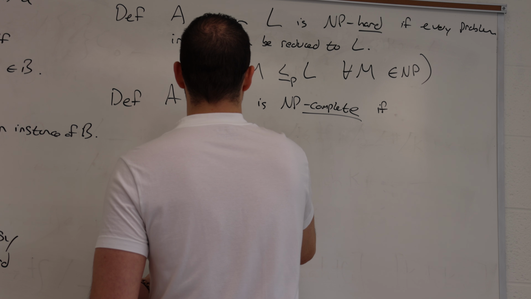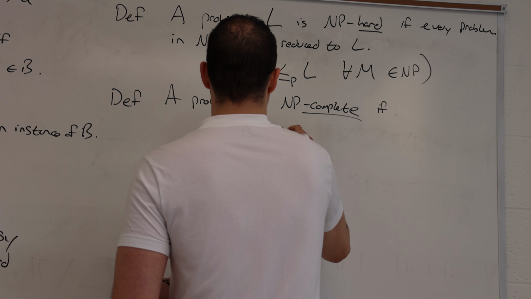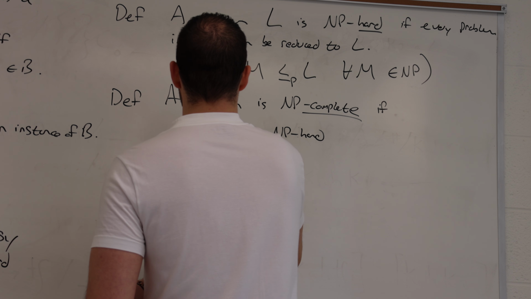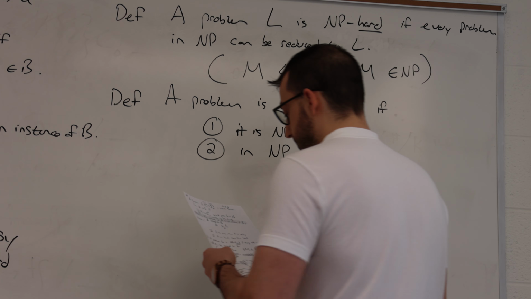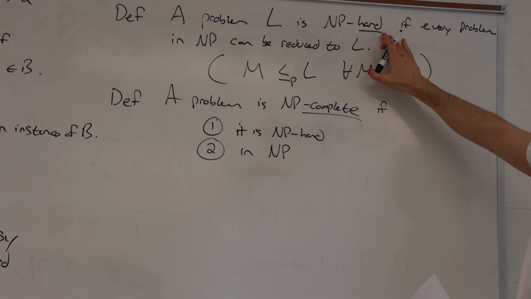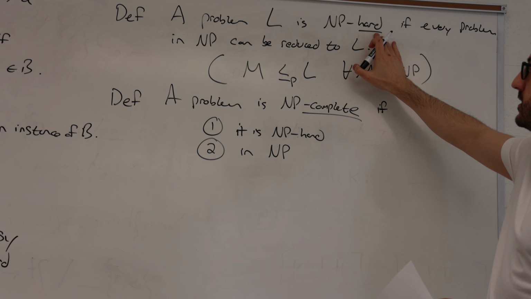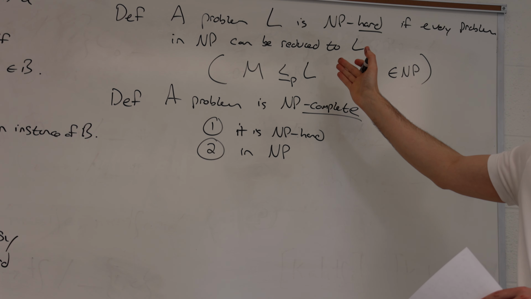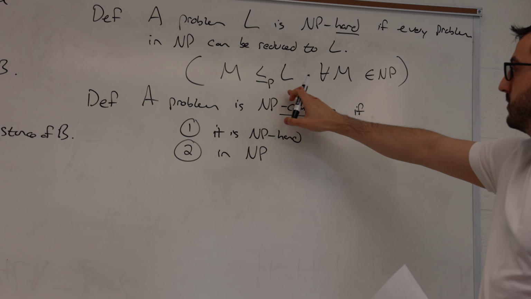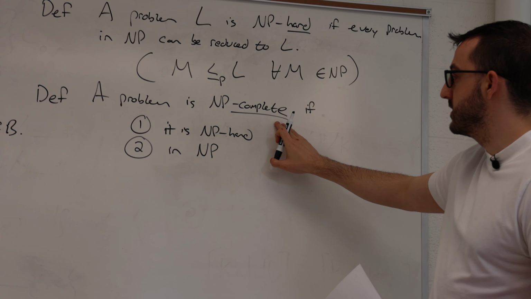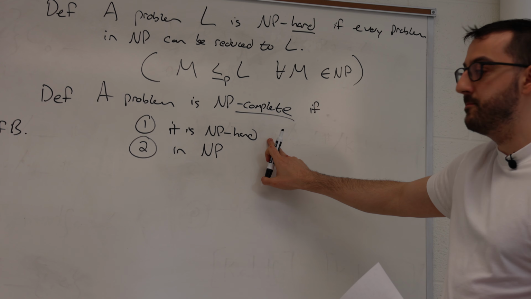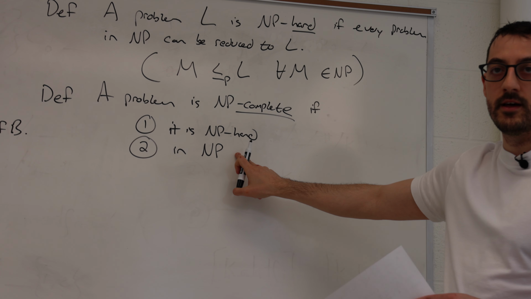One, it's NP hard. And then the second thing is it's also in NP. Okay? So a problem being NP hard makes no restriction on where the class is. It's just relating it to every other problem that's in NP. So NP complete is going to be, the problem is both NP hard and it's also in the class NP itself.